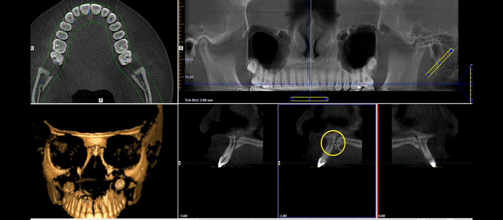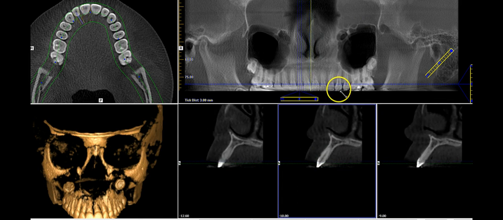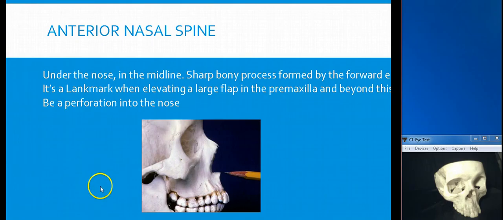Here's the incisive foramen again, and the nasal spine right there coming out. So hopefully with the help of the CT scan, I want you to really have an idea. Even when you look at the 2D, you can visualize what a 3D would look like with the help of the cadaver and the CT scan.